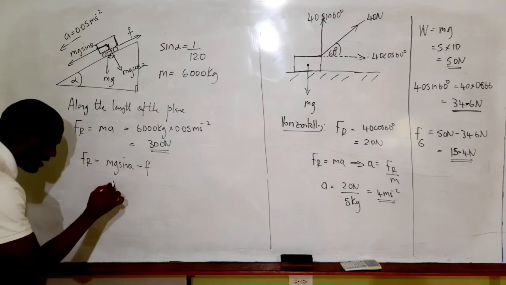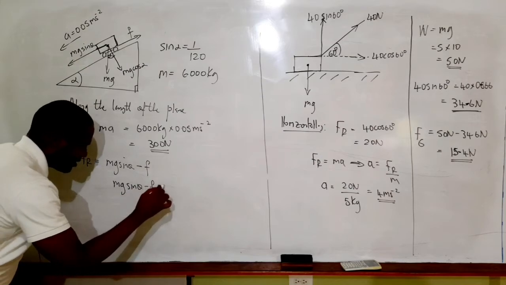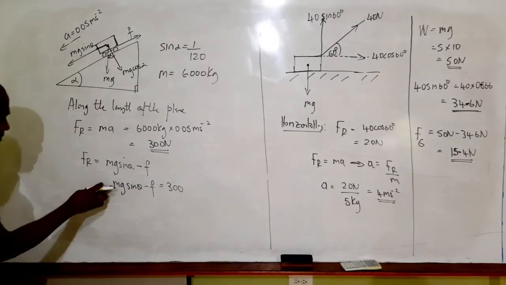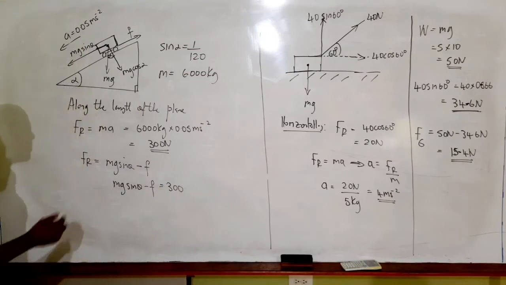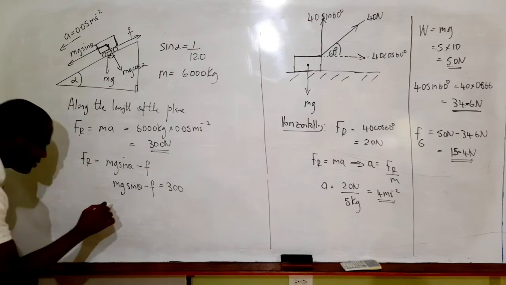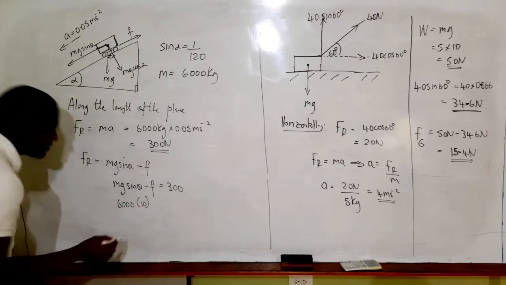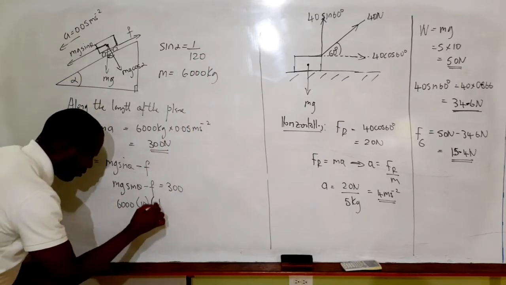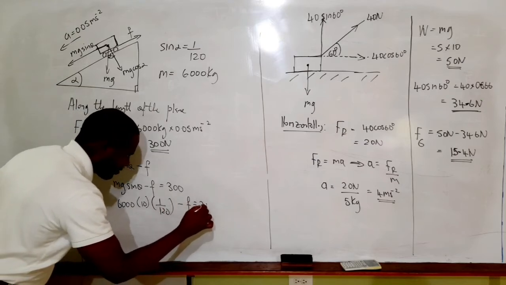And so we have mg sine theta minus F is equal to 300. So we can now substitute the values of m and g and sine theta, and then proceed to solving for F. So m is 6,000, so we have 6,000 times 10, and since we're given the sine of the angle, that is times 1 over 120, minus F is equal to 300.